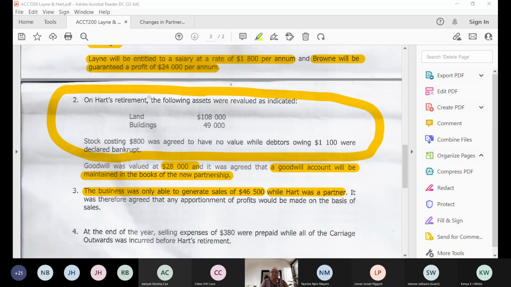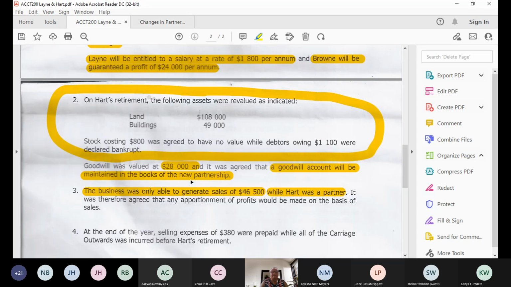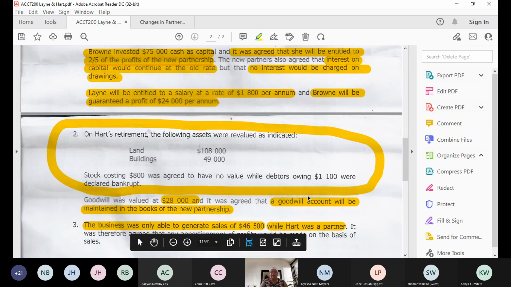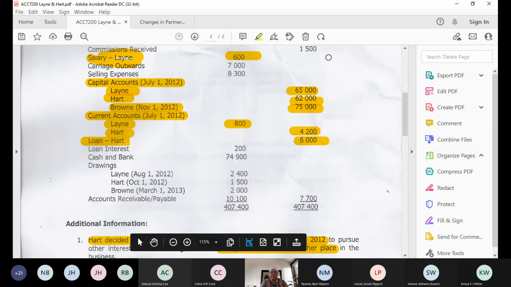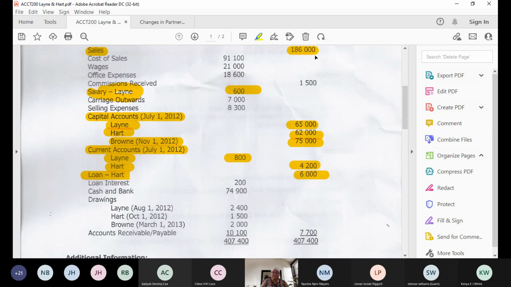Because the question stated that $46,500 in sales were generated while Hart was a partner. So it means that out of the $186,000, $46,500 was generated.